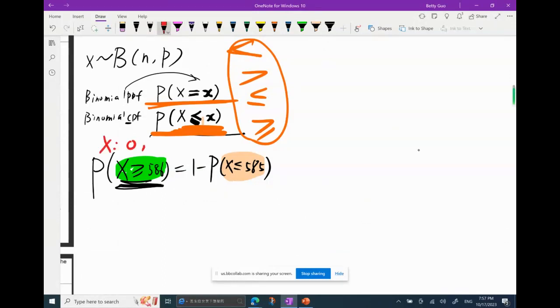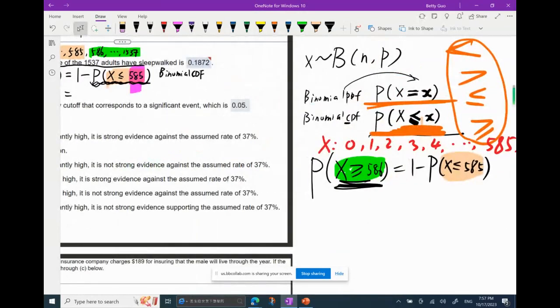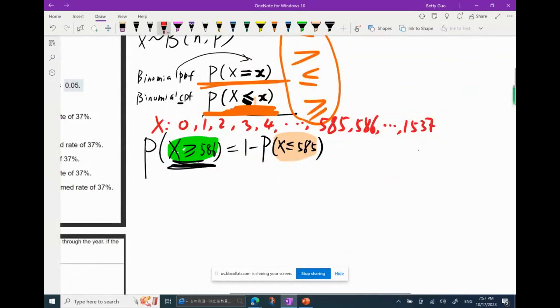All the possible values for x are 0, 1, 2, 3, 4, 5, and then 585, 586, and so on and so on, up to 1537. Earlier we had this case, and that's how we handle it. And what if we have x strictly bigger than 586?